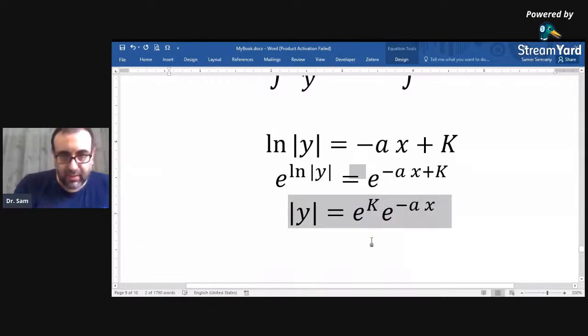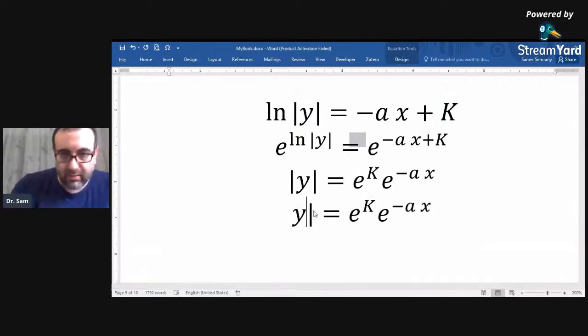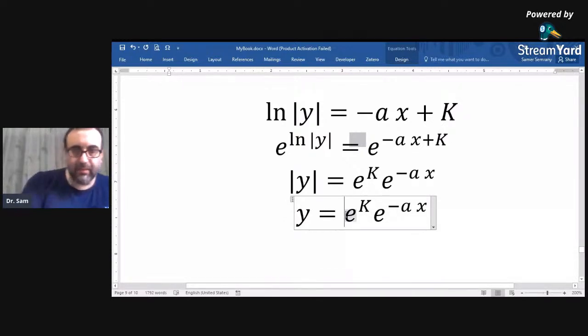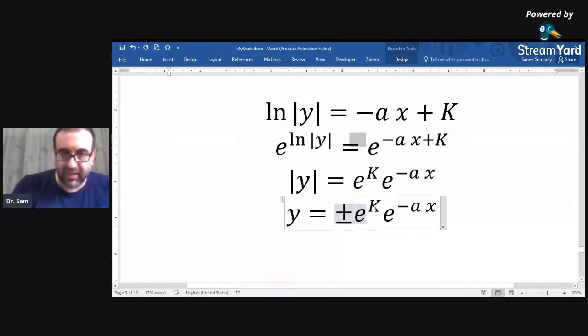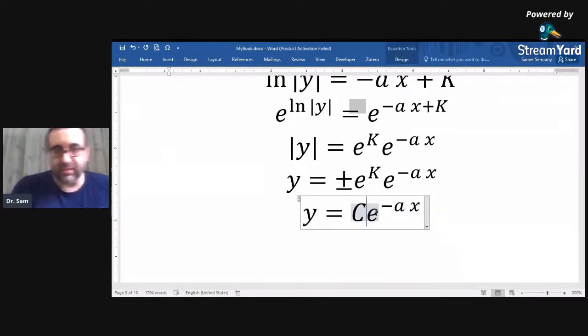So I have here y equals plus or minus e to the power k, which can be written as C, an arbitrary constant. So I can rewrite this as y equals C times e to the power minus ax. So it is the general solution of this equation.